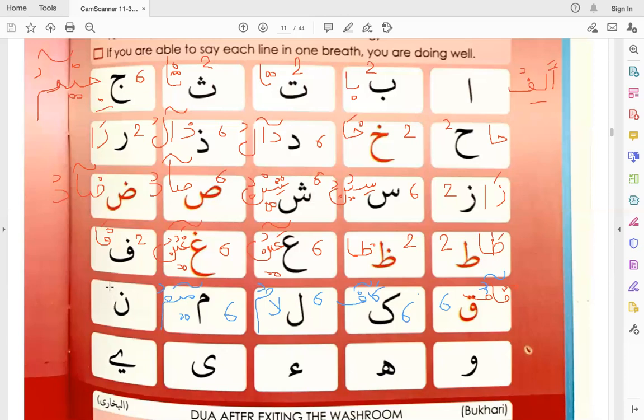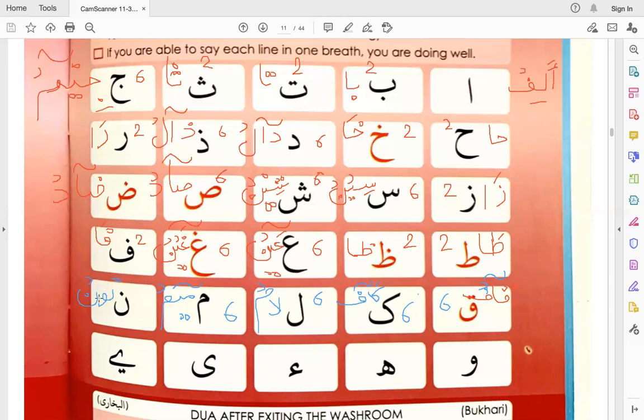Noon. Why are we stretching noon? Because three letters are involved to pronounce this letter, and you find sukoon at the last and the mad letter before it.